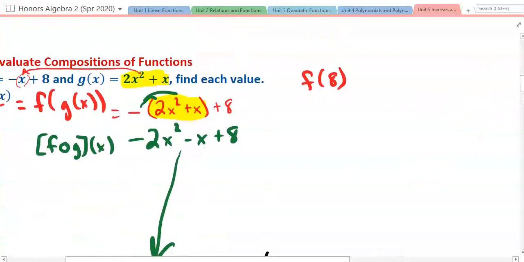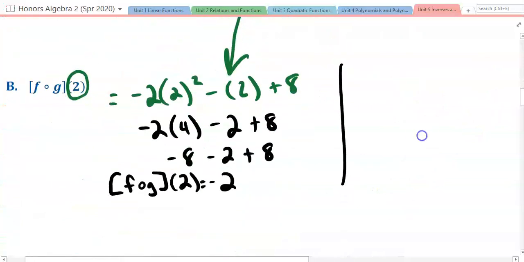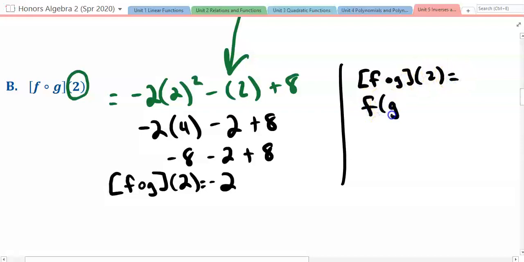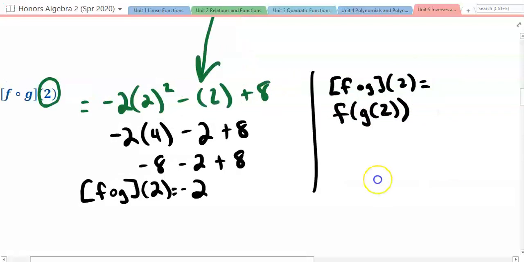So again, we're going to start with the interior function. When I write this out, it's going to be f of g of 2, which means I'm first going to plug into the g function.